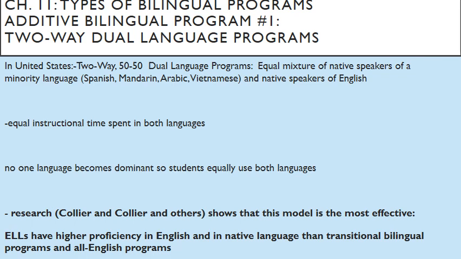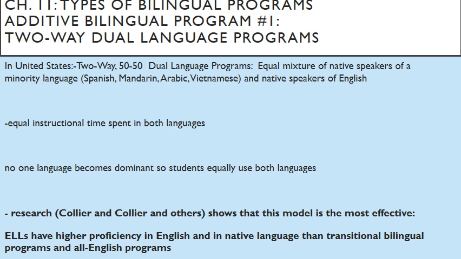Let's begin by discussing the first additive bilingual program, two-way dual language programs. So in the United States, the two-way dual language programs are composed of an equal mixture of language minority students, so for example, native Spanish speakers or native Mandarin speakers, and then the other half of the class is composed of native English speakers.